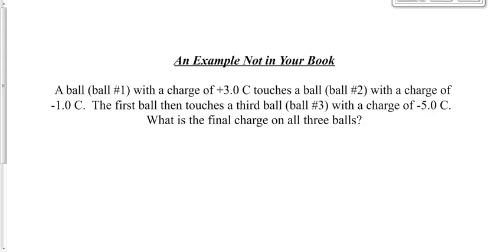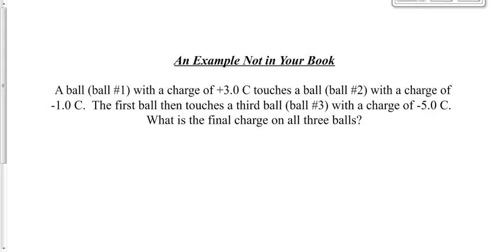Before we copy this down, let me just give you the idea behind this. If I've got two things that have different charges and I touch them together, then the goal is always to balance out those charges. Now, it doesn't always completely happen. It depends upon the size and the shape and the material of the objects, but we'll assume whenever we do questions like this, if the size and the shape and the material are close enough to each other, that the charges will balance out.